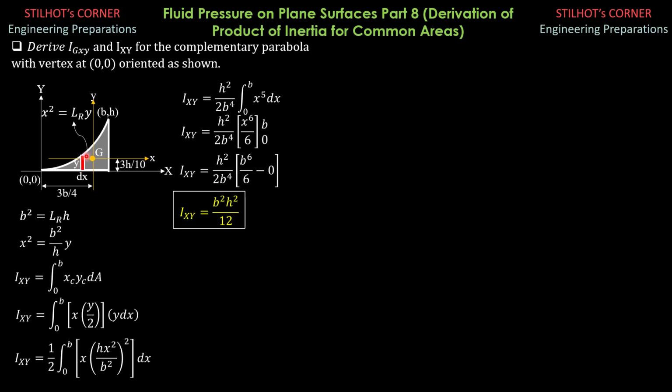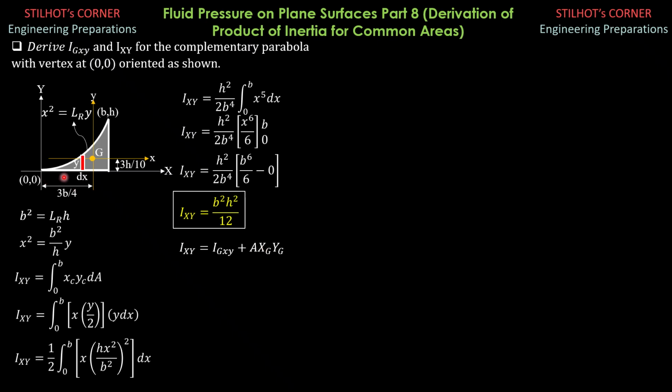Of course, it's positive because it is in the first quadrant. If it is in the third quadrant, it's also positive, oriented in the same manner. So I'll also derive IGXY. By the transfer formula for product of inertia, Ixy equals IGXY plus the area of the spandrel of parabola times capital X G, Y sub G, which are already labeled here.